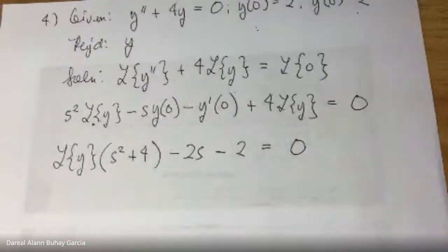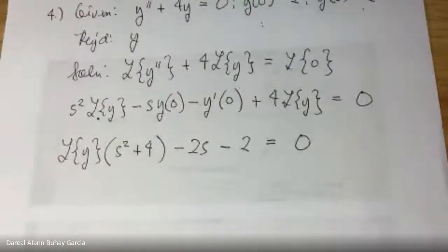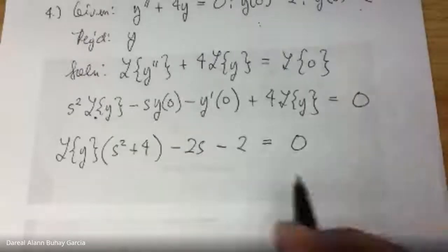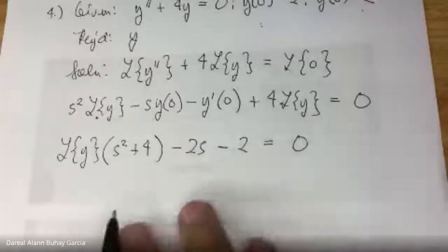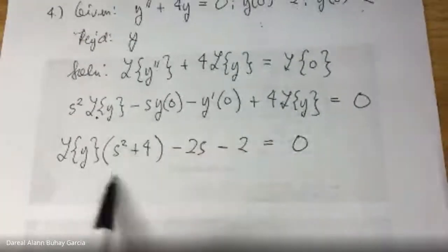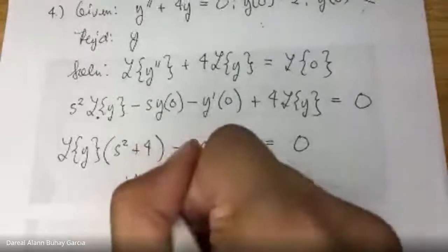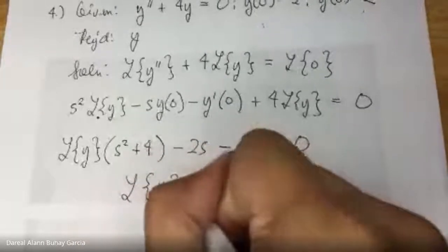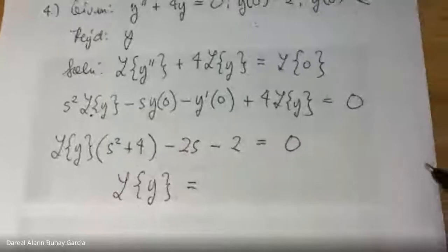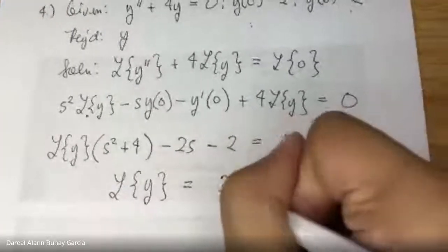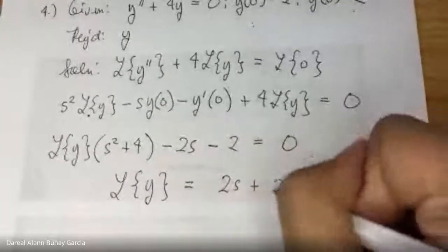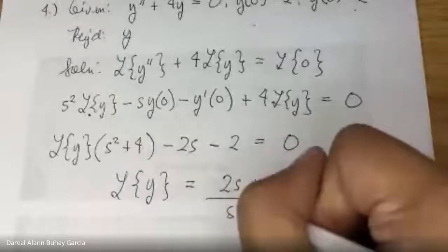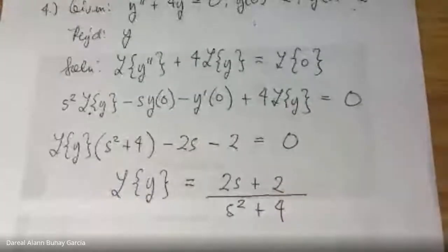Follow so far? Yes, sir. Okay, good. Next, the same as before. Transpose it to the other side, then divide by s squared plus 4. The Laplace of y is equal to 2s plus 2 over s squared plus 4.